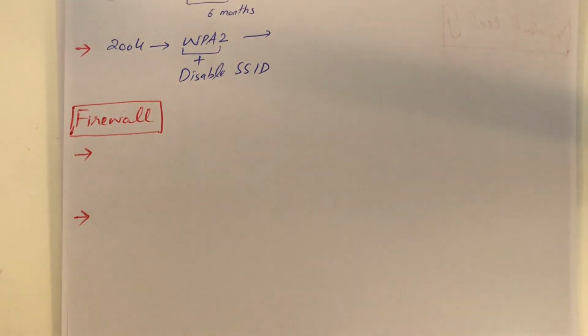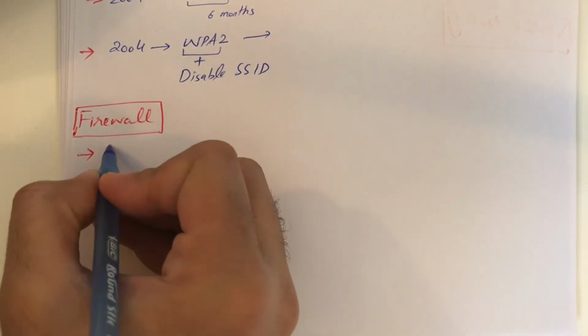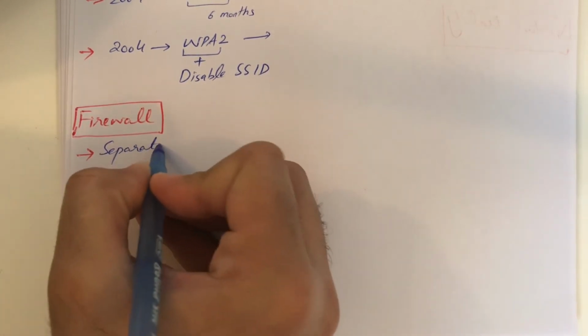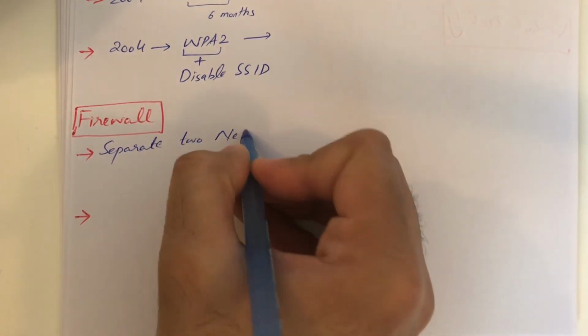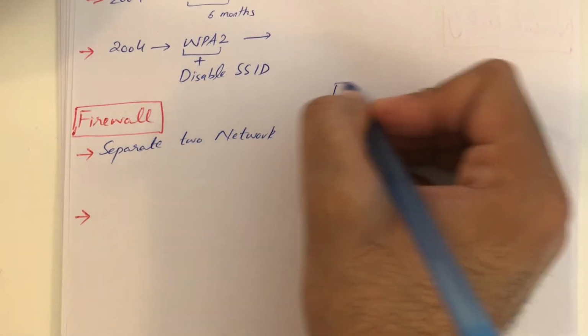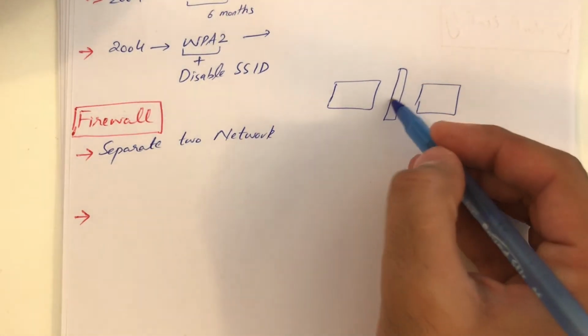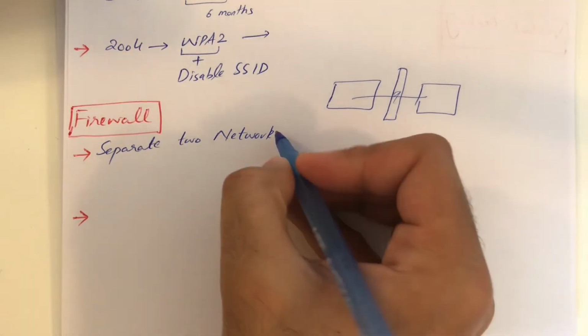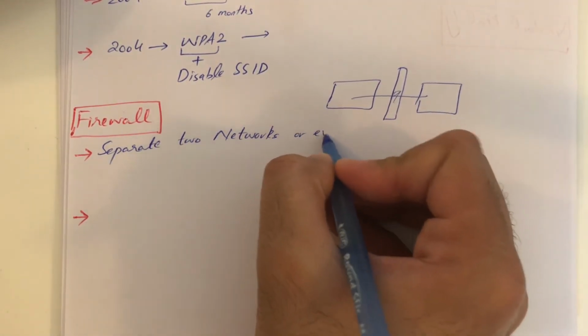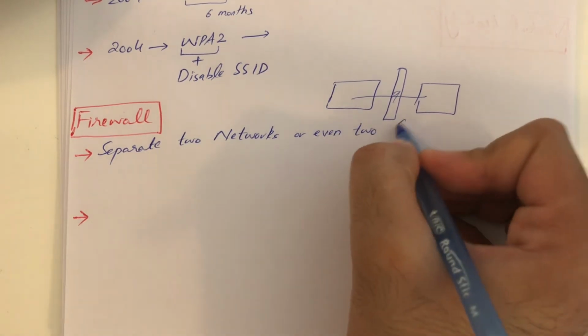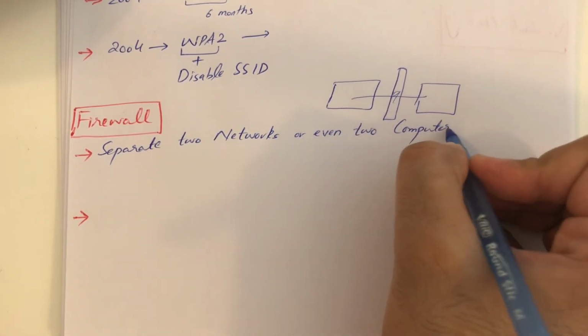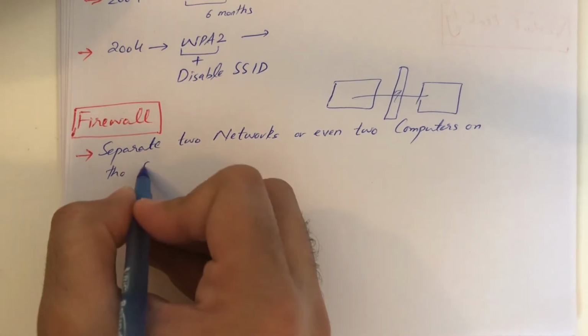Firewall, as we already talked about: if you really want to protect your internal networks from malware, we need to use a firewall. Other than that, a firewall also separates two networks. Let's say this is one network and this is another network. If you want to separate these two networks, you can place a firewall in between. You can separate two networks or even two computers on the same network.